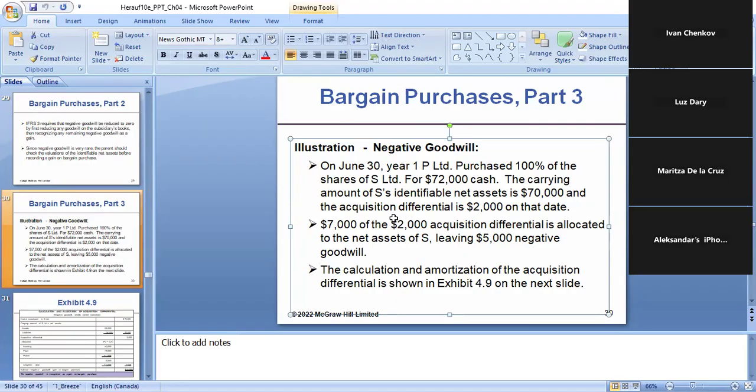Okay, I have this one, acquisition, and then let's get the next slide, which is the calculation. So let's see this one. I'm going to flip to the Excel spreadsheet again.